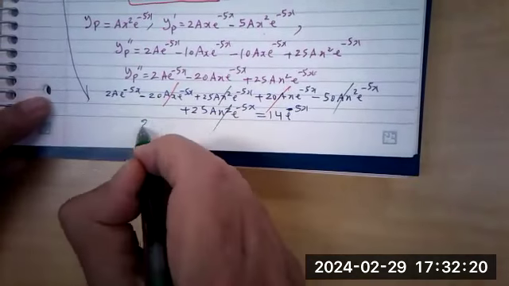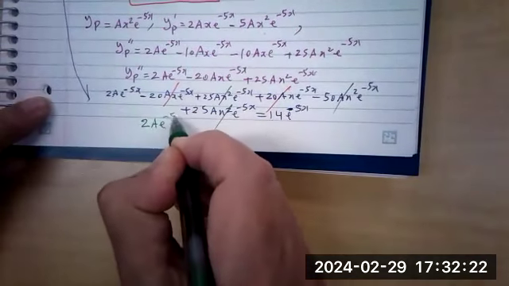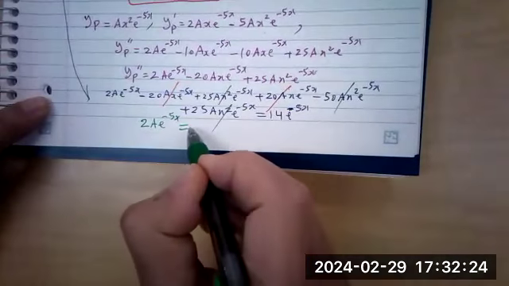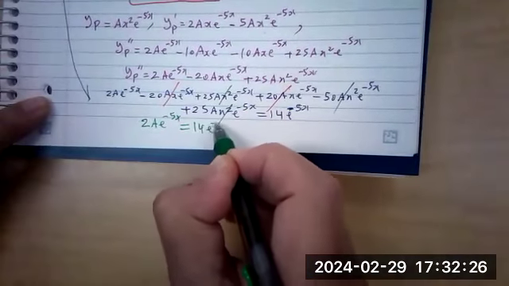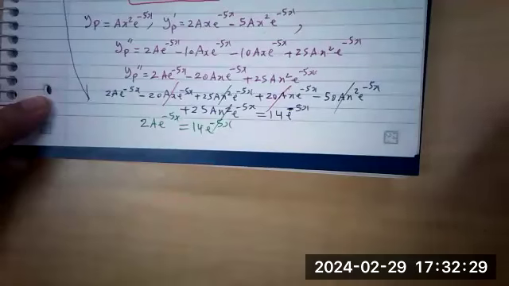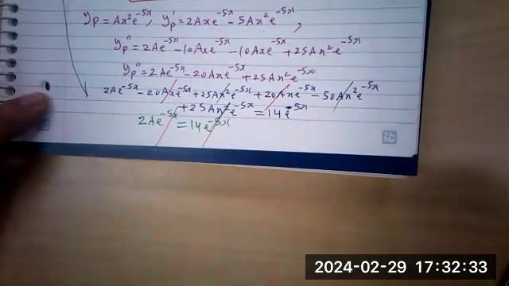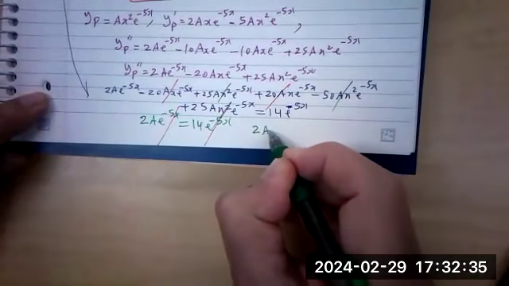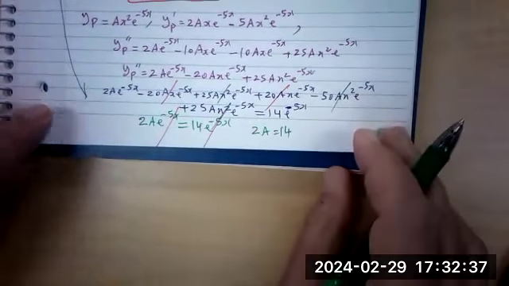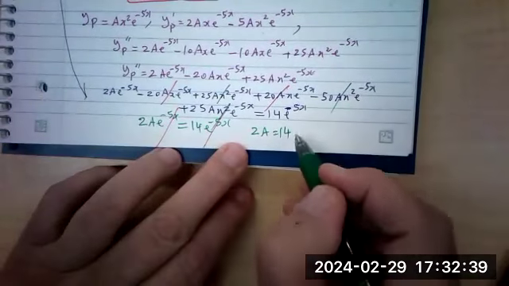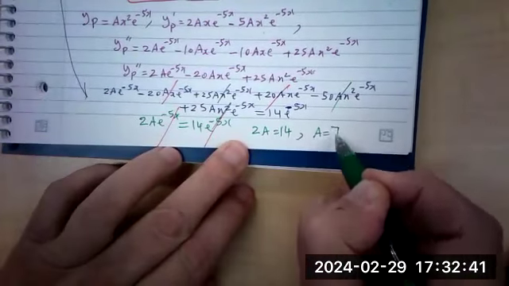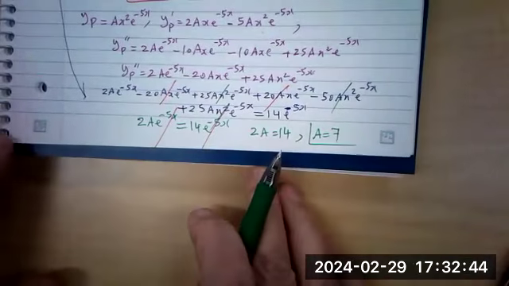Okay, so you arrive at 2ae to the negative 5x equal to 14e to the negative 5x. Now e to the 5x is never 0, so you cancel it out. So the leftover is going to be 2a equal to 14, so a would be 7. That's it.